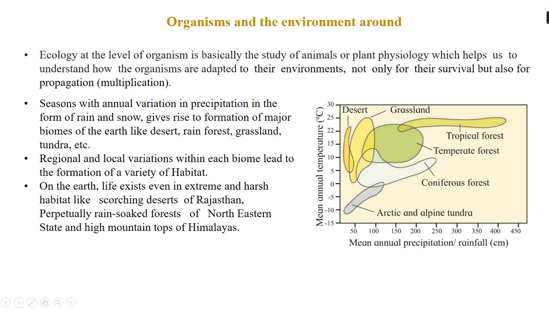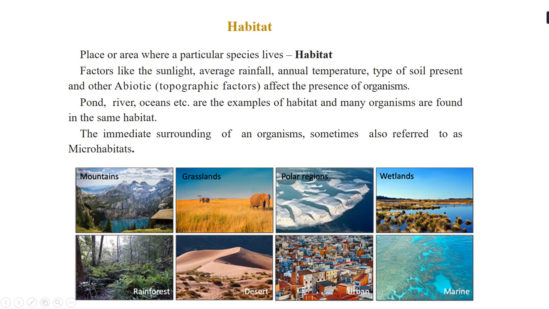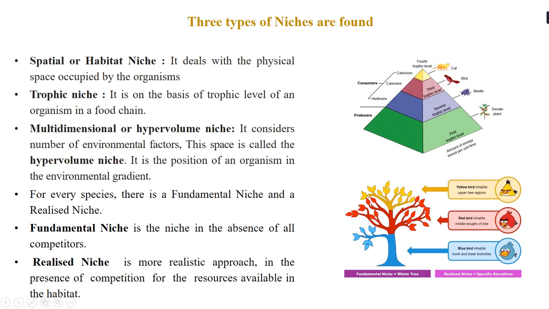Then we moved on to organisms and the environment around these organisms. We also studied about the basic difference between habitat and niche, and then we studied the detailed explanation about habitat and niche. We also studied about the three types of niche that are found in the ecosystem.